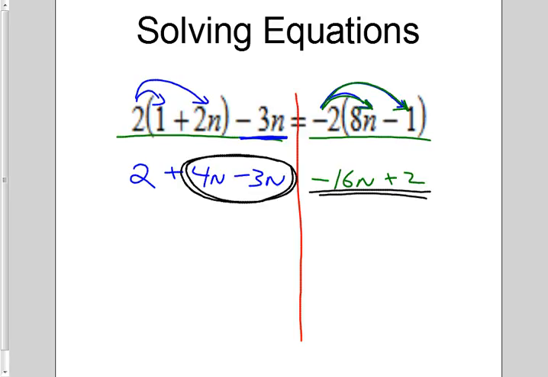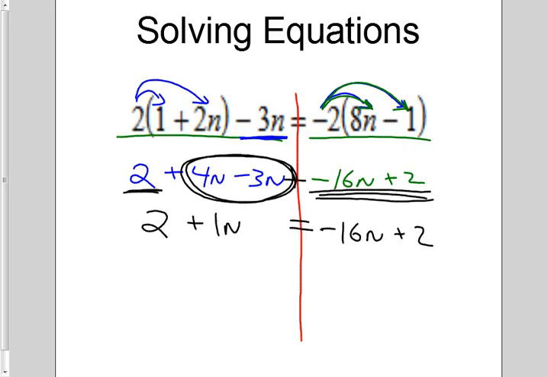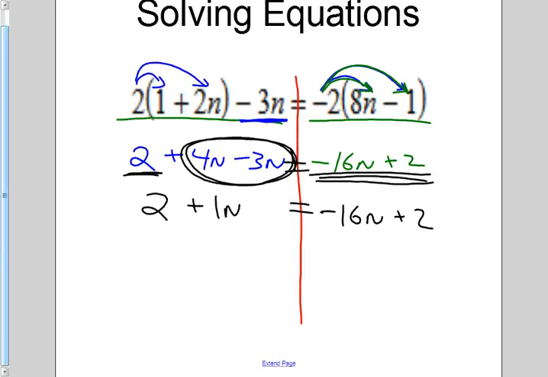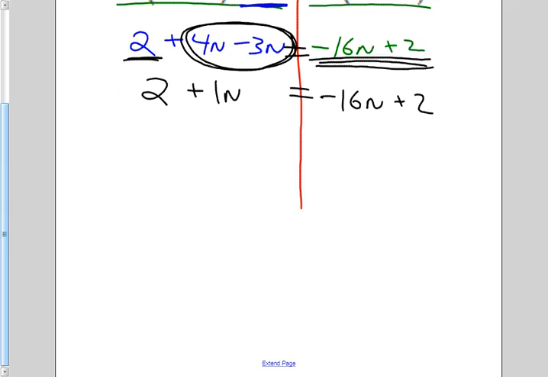I can combine those 2 like terms and get 4 plus negative 3 is positive 1n. I did not mess with this 2, and I did not mess with any of this. And the whole time we're remembering that this line is still my equal sign. Okay. Now as I look at both sides, this is still in simplest form. This needs some work. Nope, I'm sorry, that's a lie. They're both in simplest form.